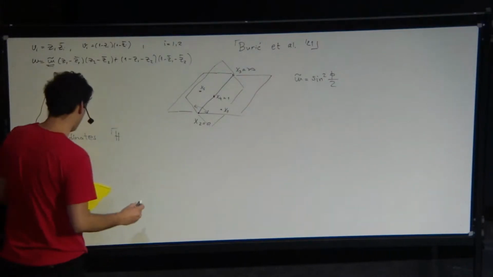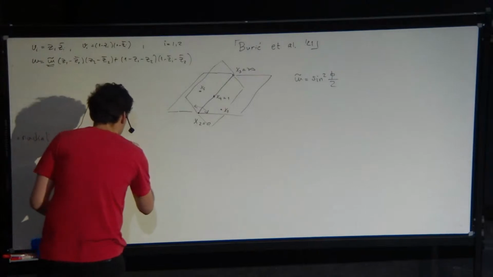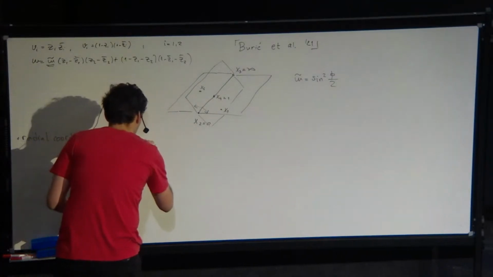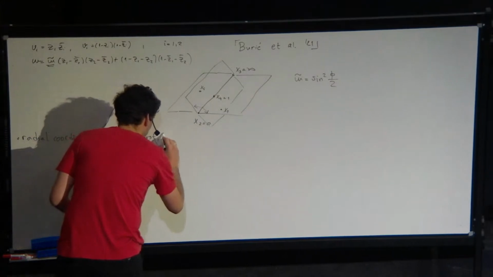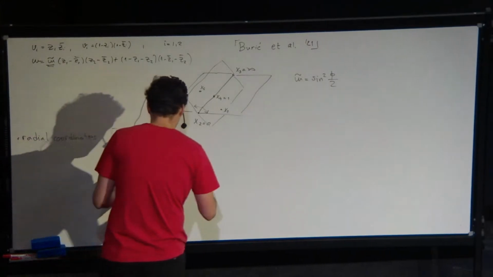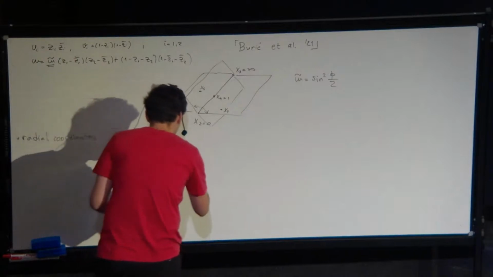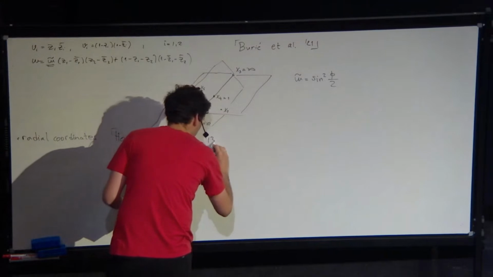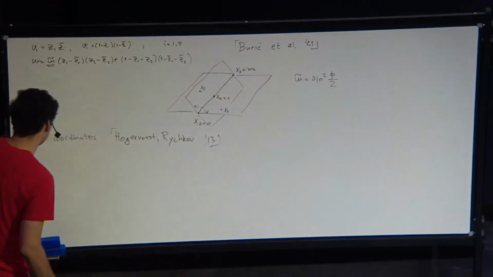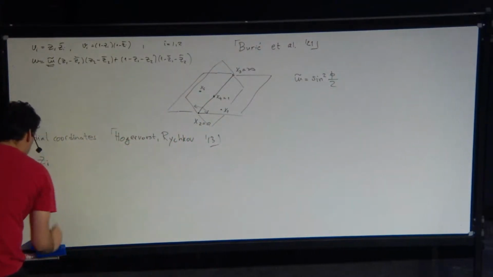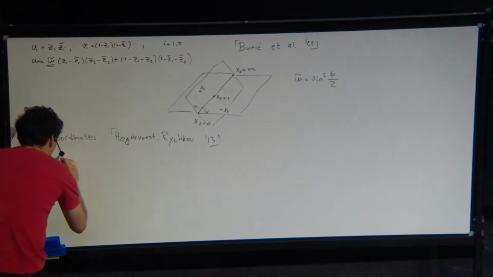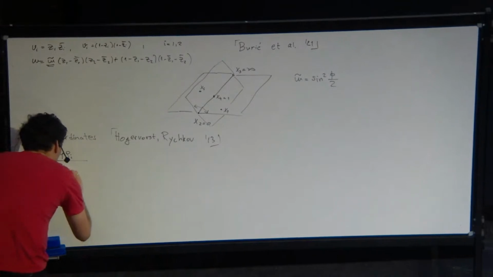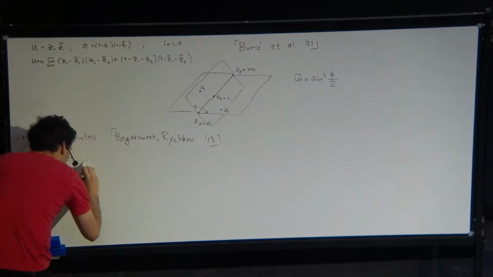Okay, radial coordinates for 4-point blocks have been introduced in a paper of Hogervorst and Rychkov in 2013, so 10 years ago. And the way to introduce these radial coordinates is the following, as many of you know already.